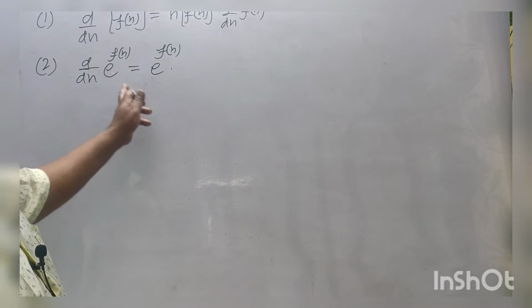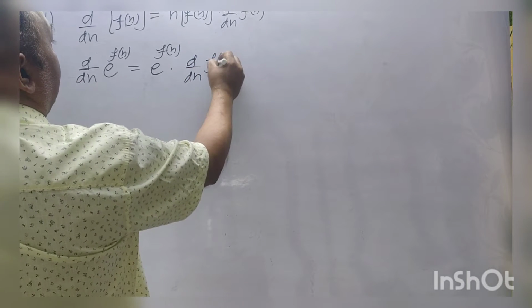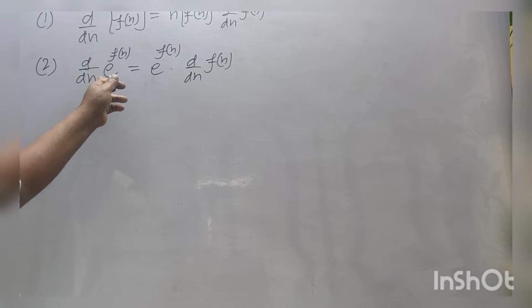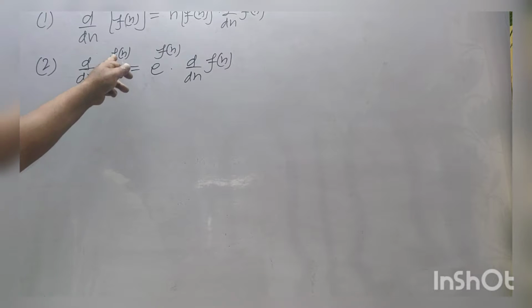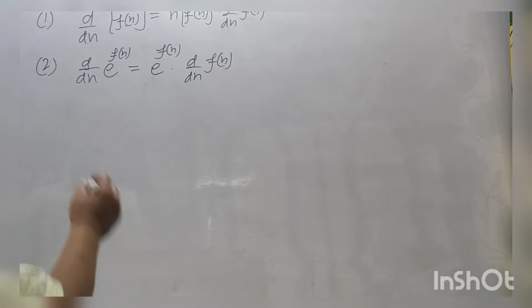Same formula, e की power f(x) as in e की power x is derivative of e की power x. Further derivative of f(x). This is the second formula by chain rule. By definition of a derivative, d upon dx of e की power f(x) is equal to e की power f(x) further derivative of f(x).